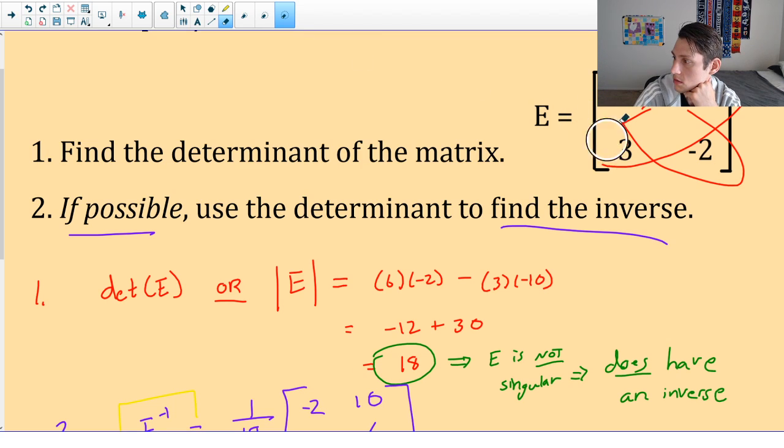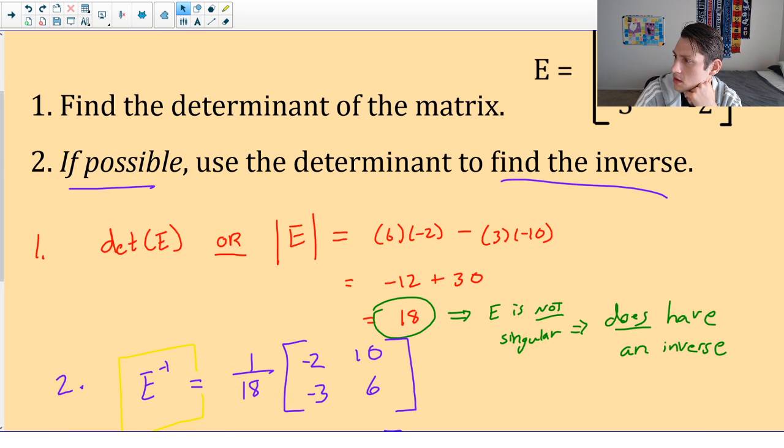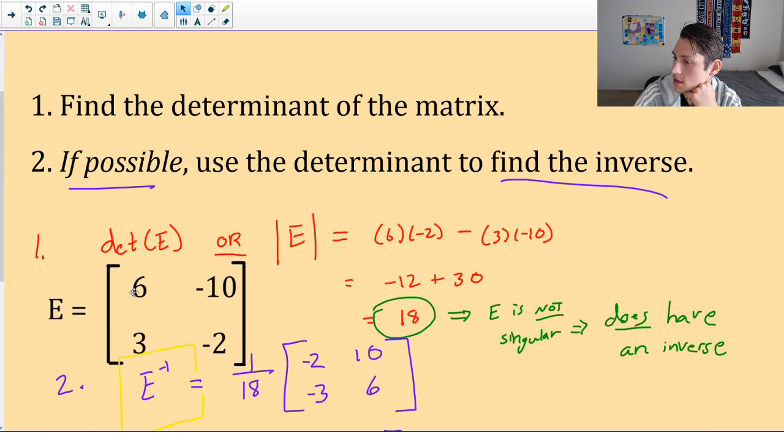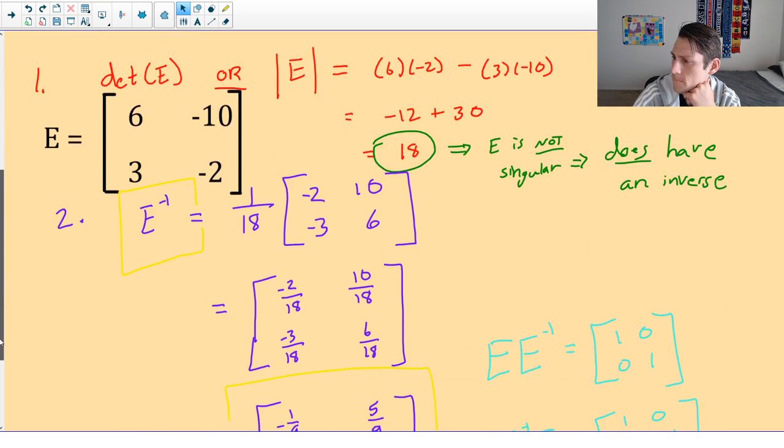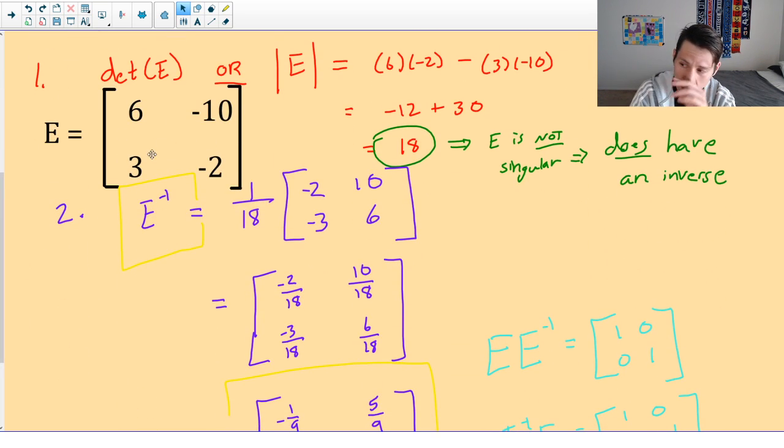So let me just bring this down so we can compare. All right, so for the formula for inverse, what happens is A and D switch places, and then B and C we times by a negative. So -10 becomes +10, 3 becomes -3. So you're sort of mixing up.